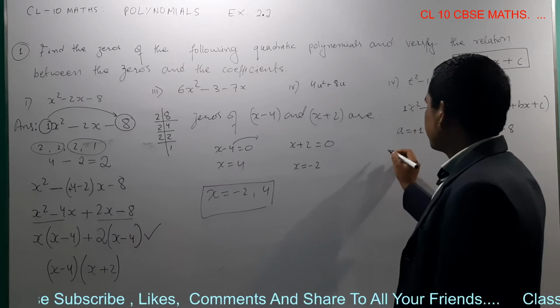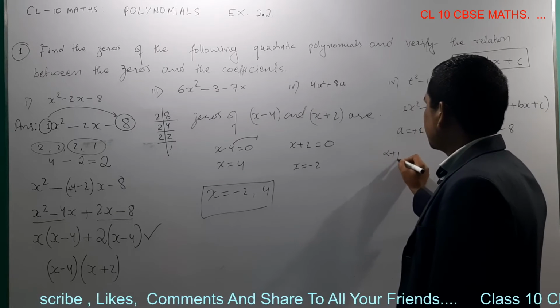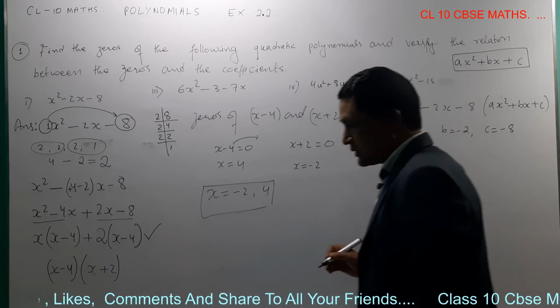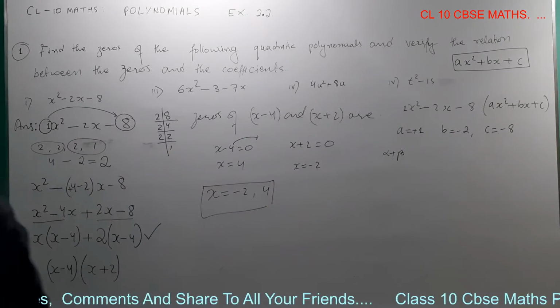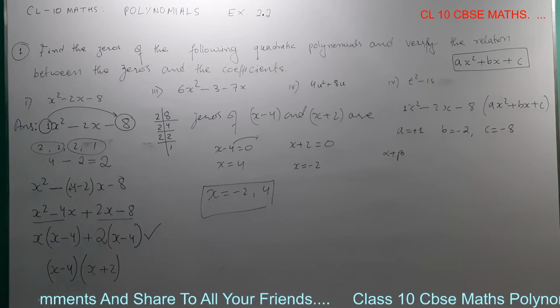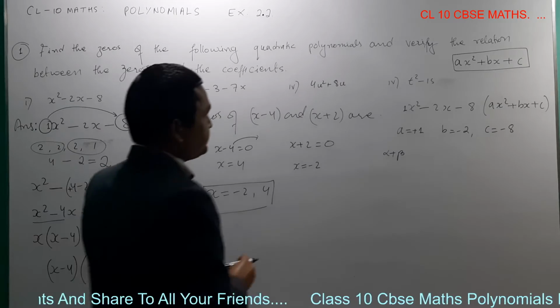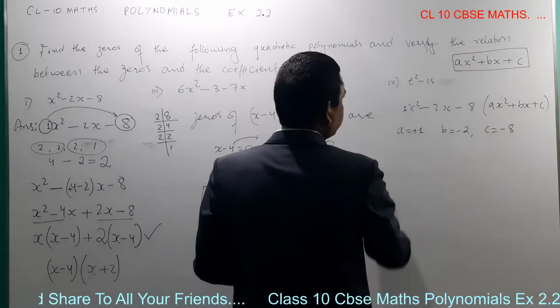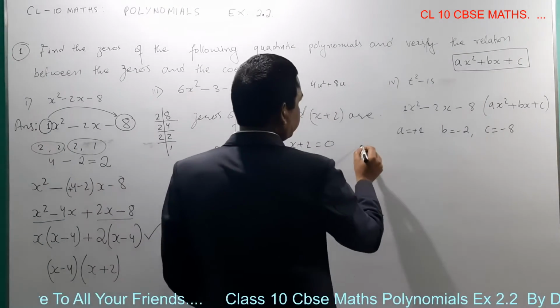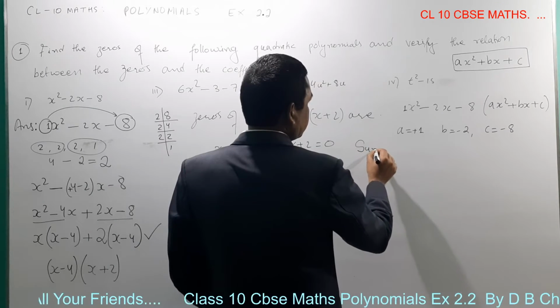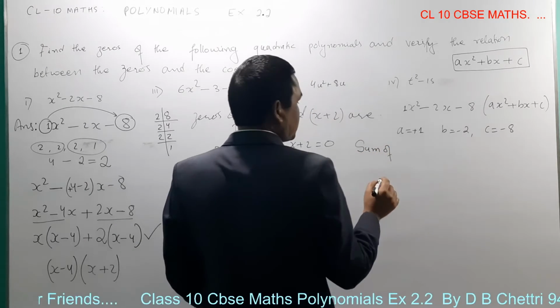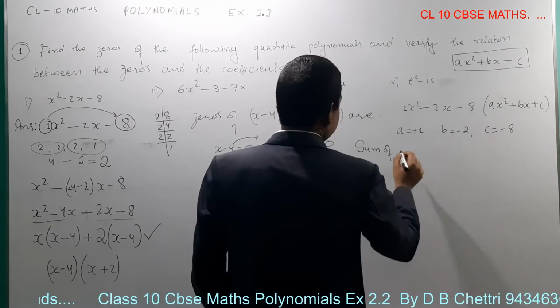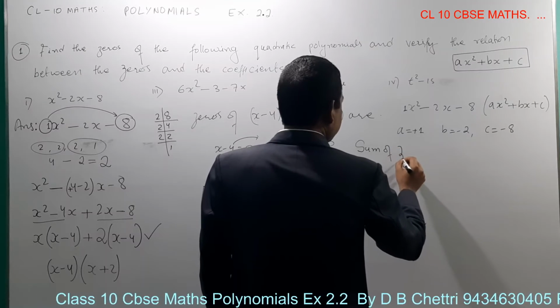What is the formula to find the sum of roots? Alpha plus beta is called the sum of roots, but in this case you call it the sum of zeros.